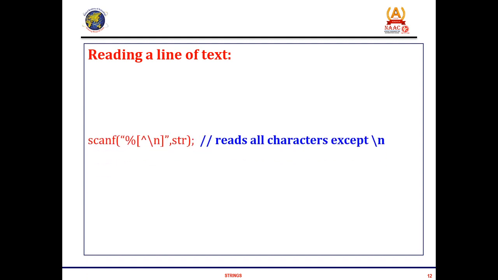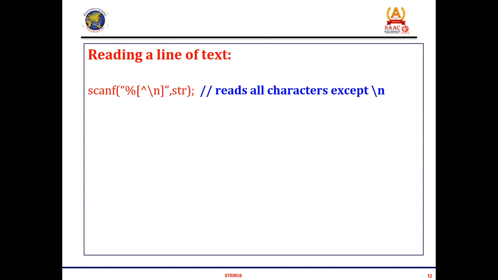Now let us proceed further and have a look at another type of input, what we call reading a line of text. So far I was just reading one string, or probably two strings with a space. Sometimes there's a need to have a series of characters, or a line of text. The syntax for that is scanf followed by the format specification %, then [^\n] enclosed in a pair of opening and closing square brackets.